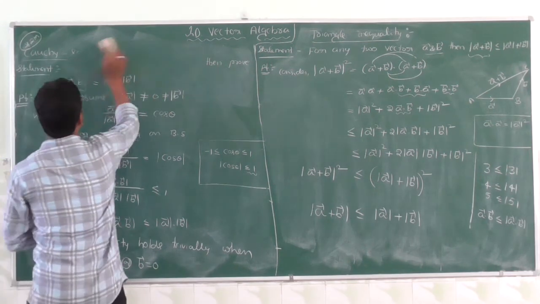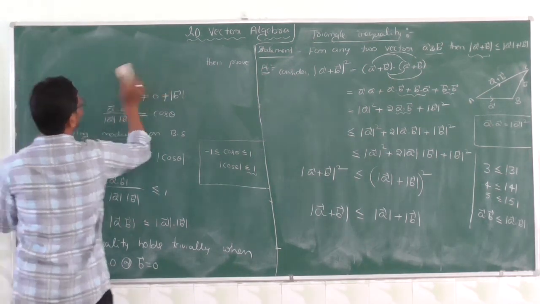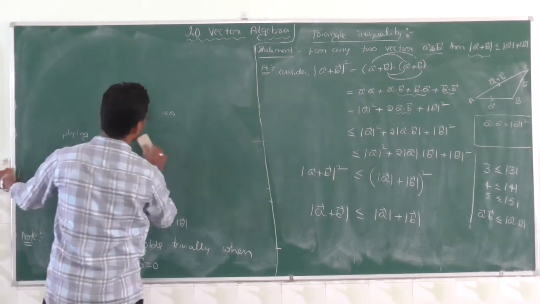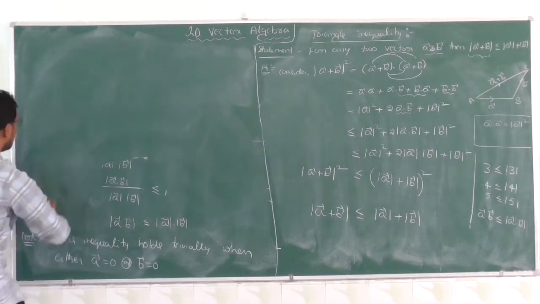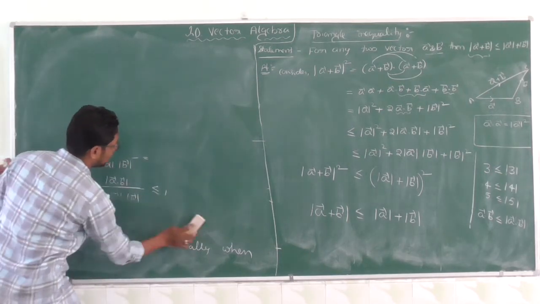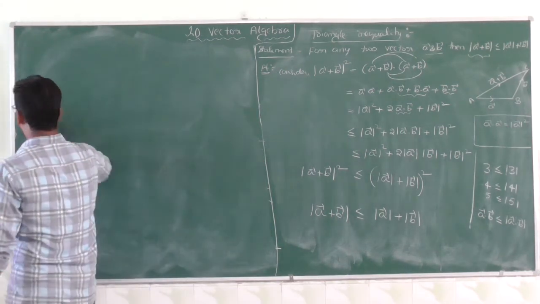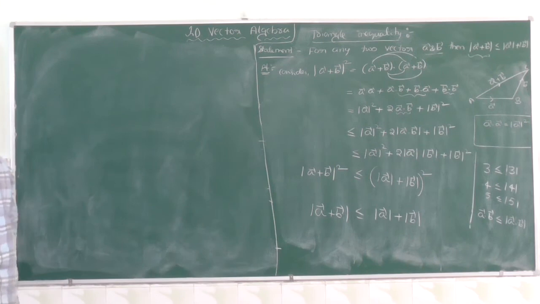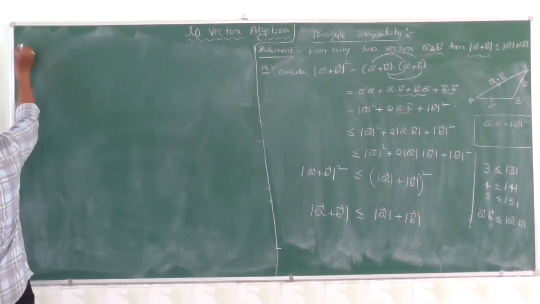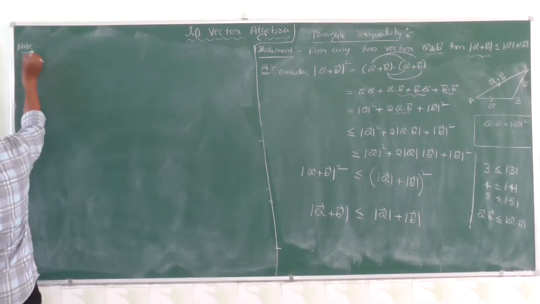Next we have one more point belonging to collinear points. How to prove 3 points are collinear? Further, we have one condition. Kindly note down.